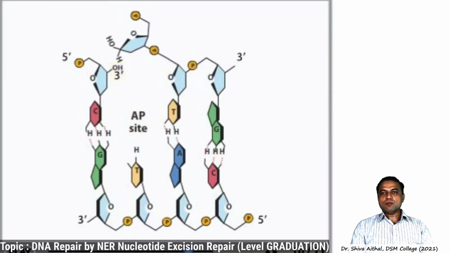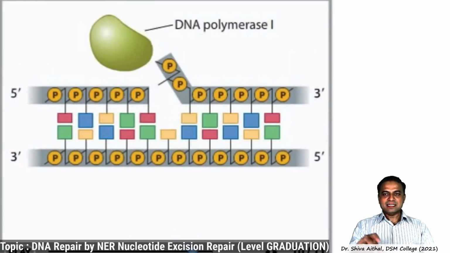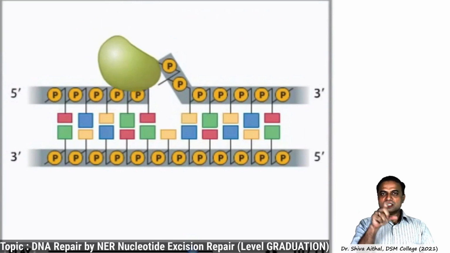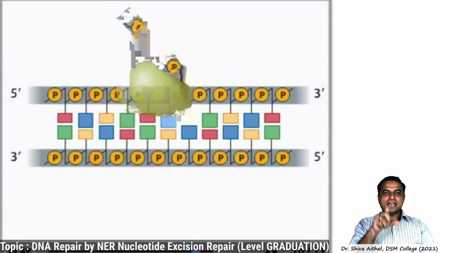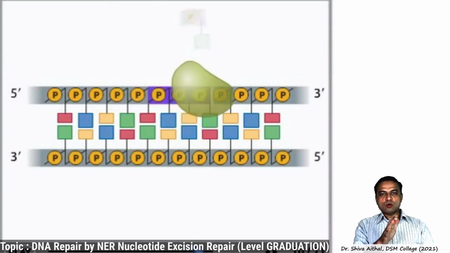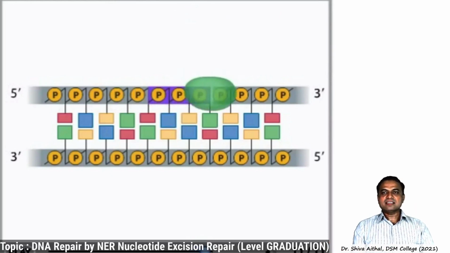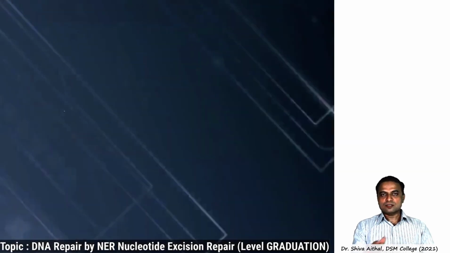If you see DNA polymerase 1 here, it starts adding the nucleotides. At the same time, this polymerase uses its 5' to 3' exonuclease activity to cleave the strands downstream of the AP site, and then simultaneously it goes on filling. Then DNA ligase comes and seals the remaining nick, and the repair process is said to be complete.